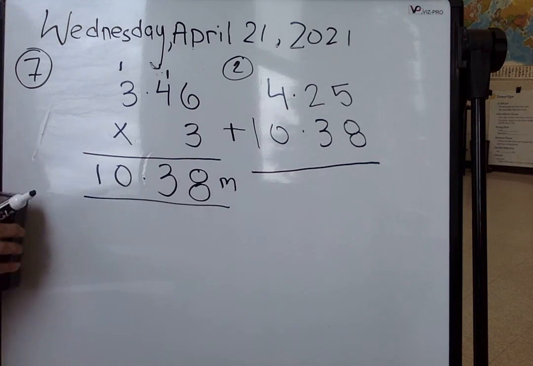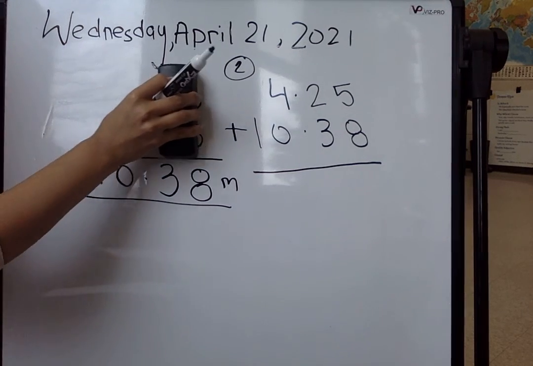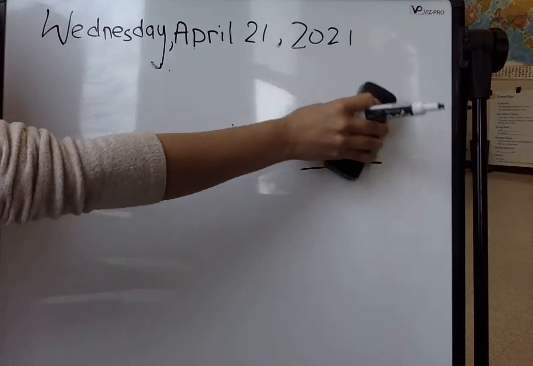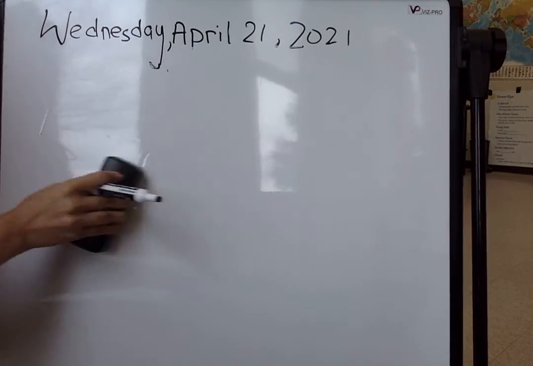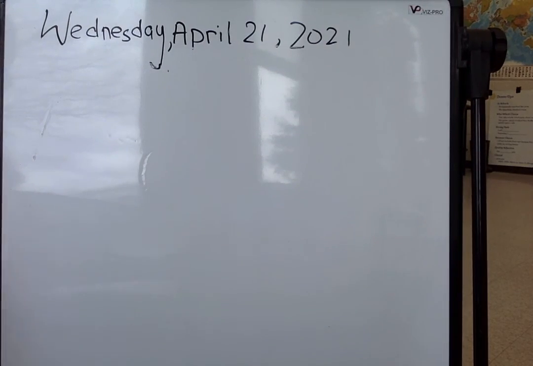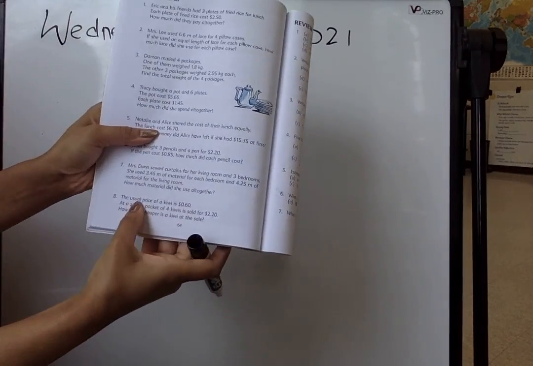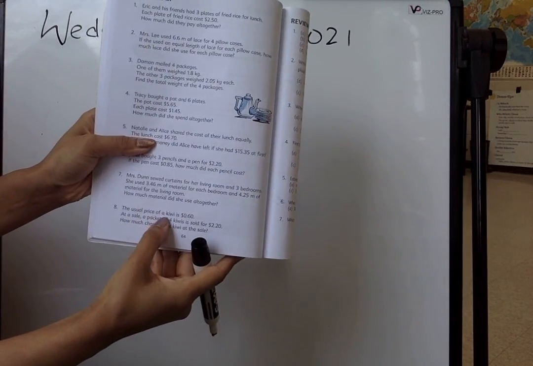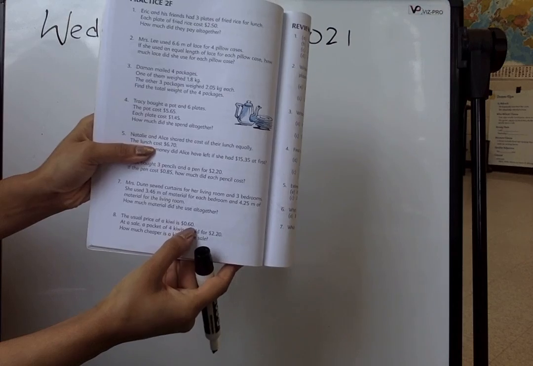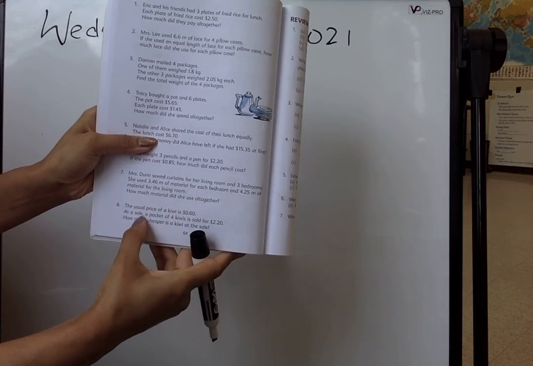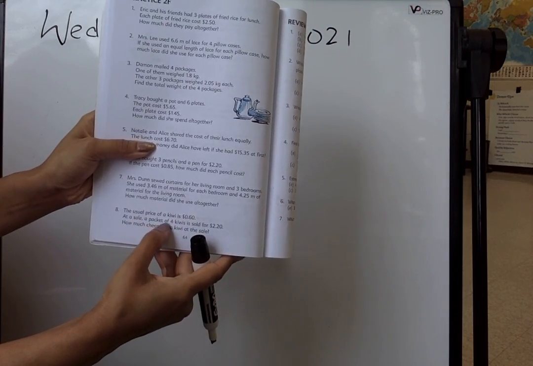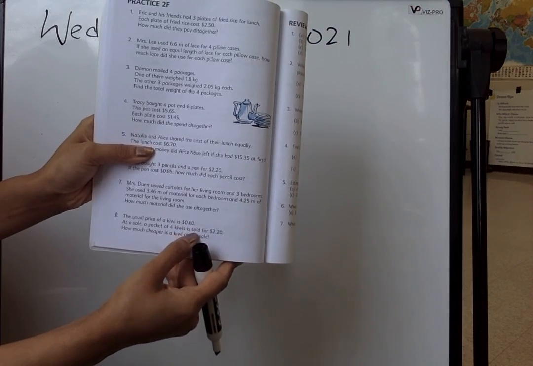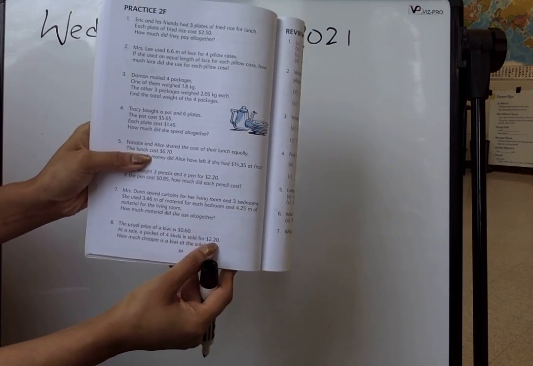Let's move on to question 8. Question 8 says, the usual price of a kiwi is 0.60 cents. At a sale, a packet of 4 kiwis is sold for $2.20.